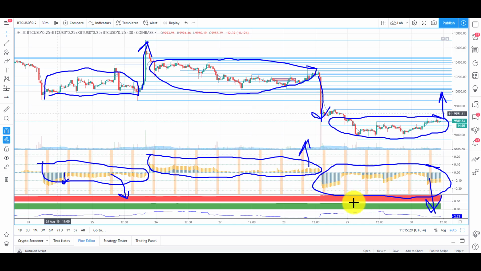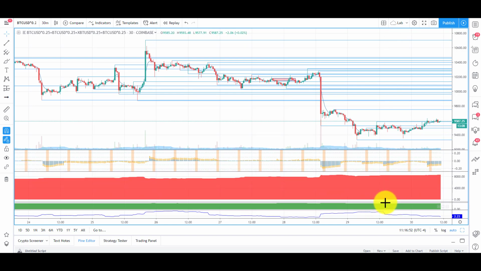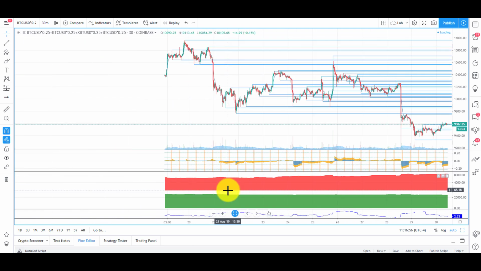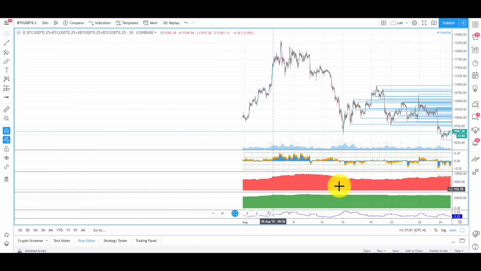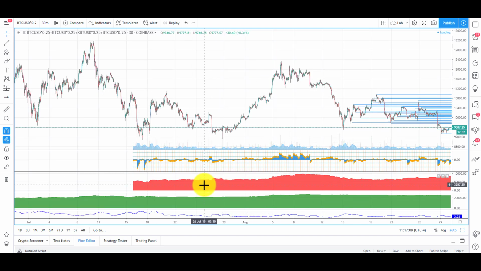The other thing with the internals is looking at whether or not we get large drop-offs in short exposure or long exposure, because when that's happened in the past, we see a subsequent move. We haven't seen any big drop-offs that we can speak of in either the long or the short exposure recently, so we don't have to worry about it.